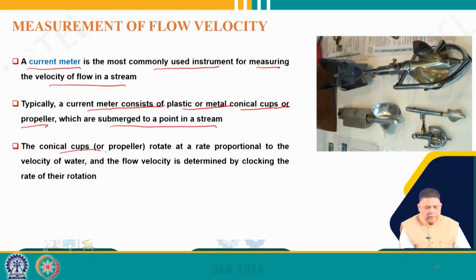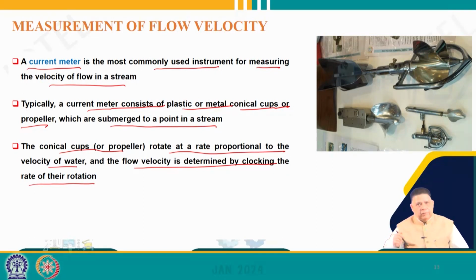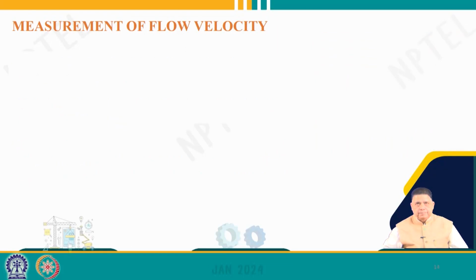The conical cups or propeller rotate at a rate proportional to the velocity of water, and the flow velocity is determined by clocking the rate of their rotation. So, a current meter has either conical cups or a propeller. It is immersed into the water, and because of the flow velocity, the conical cups or propeller rotate, and we simply measure the rotation, and from there we determine the flow velocity. That is the simple procedure which we use.